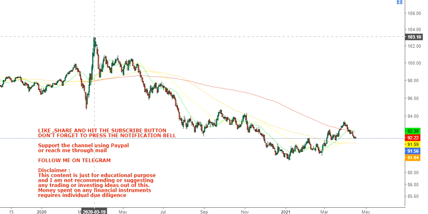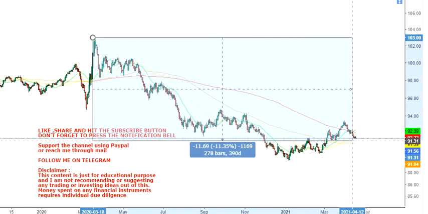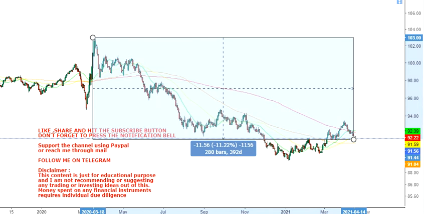Now it touched a high of 103 in the month of March 2020, and then we have seen a sharp decline. More specifically, in terms of percentage, it has already declined by 11%.